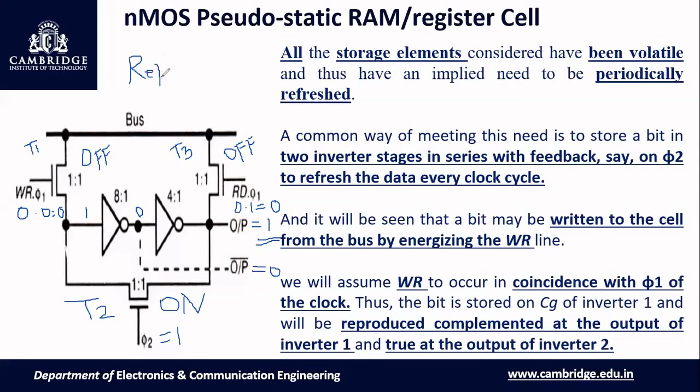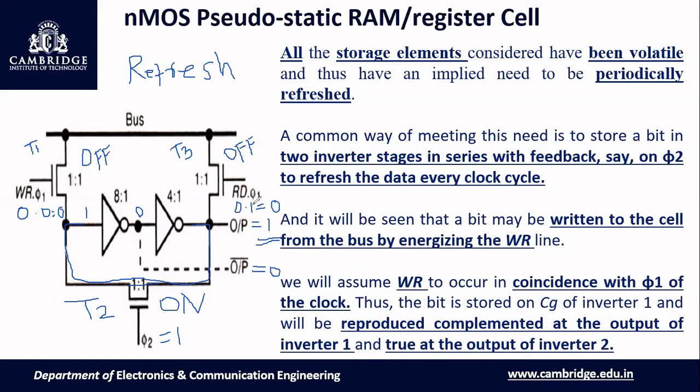So if you want to refresh, we'll have to make phi 2 as 1, so that this transistor T2 will be on. Whatever data you have in output, that will be passed here and you'll get it here. If you have logic 1, you'll get logic 1. That is inverted, you'll get 0. Again it is inverted, you'll get 1. As long as phi 2 is made 1, your data will be refreshed.